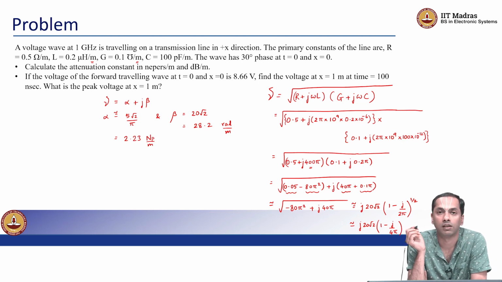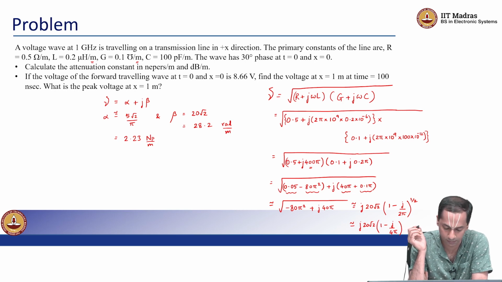Okay, so the units of alpha is nepers per meter. So when I substitute R, L, G and C into the expression for the propagation constant gamma, I actually get a real term, which is alpha, and the units of it is nepers per meter.